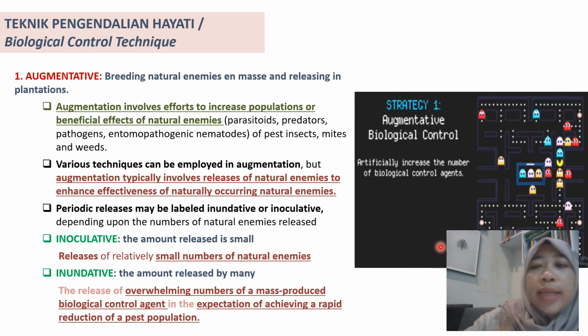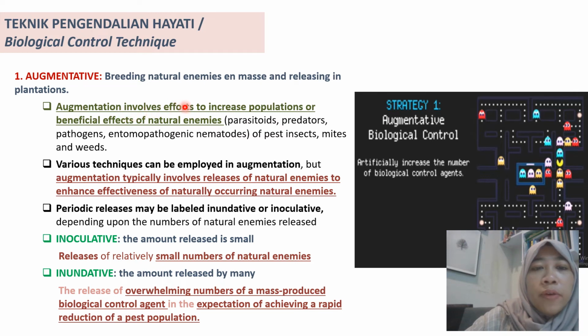The first one is augmentative. Augmentative is breeding natural enemies en masse and releasing them in the plantation. So we do breeding. We develop the natural enemies in the laboratory, and after this we can release them in a plantation, in the ecosystem.